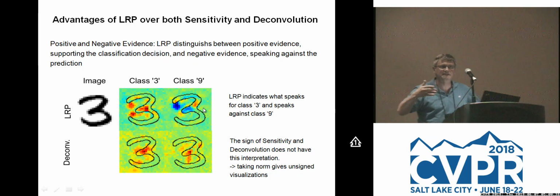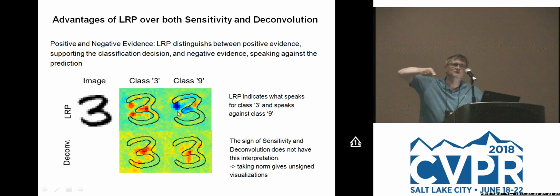Of course, it has not been classified as a 9, but you can also take the relevance that the model gives in the forward pass and propagate this backwards, and this is what you get. So you see that this part is missing for the 9. This is what the model says. This part is good because a 9 also has it. This part is also good, and this part in a 9 is usually more round.